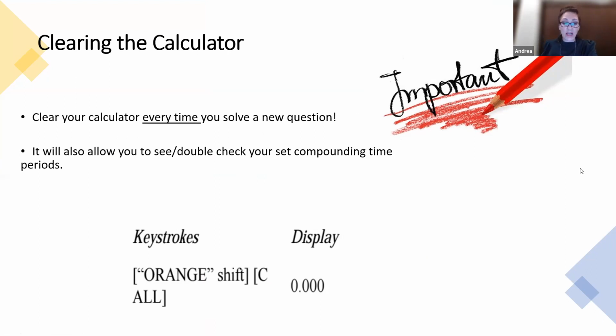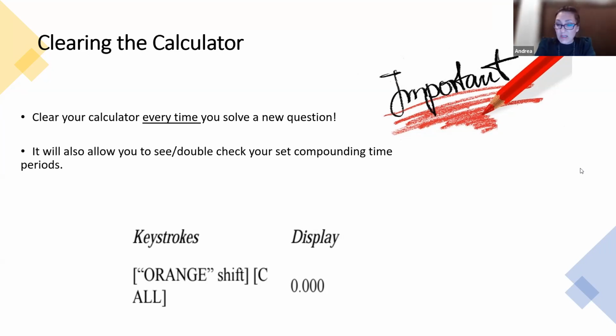So when you clear your calculator, let's all do that right now. If you hit your orange shift button, and at the same time your C, which is right underneath that shift button, in your display, I don't know what yours shows, but mine shows 1 PYR.